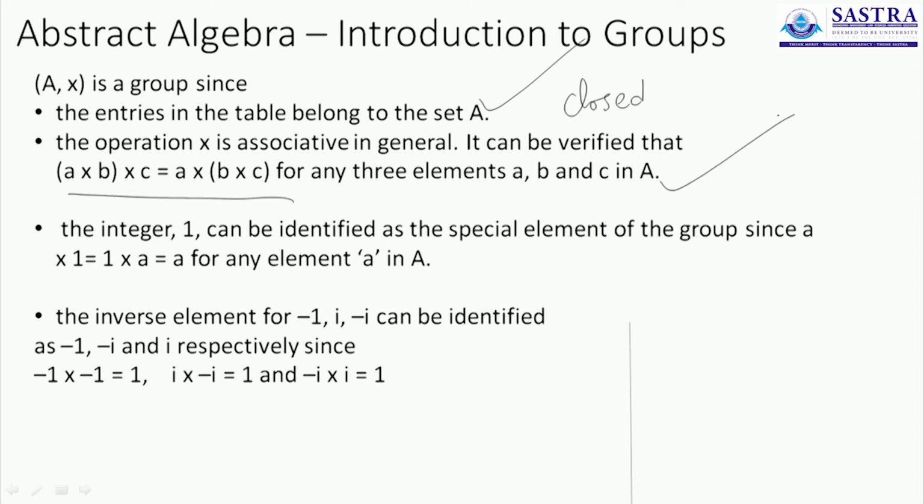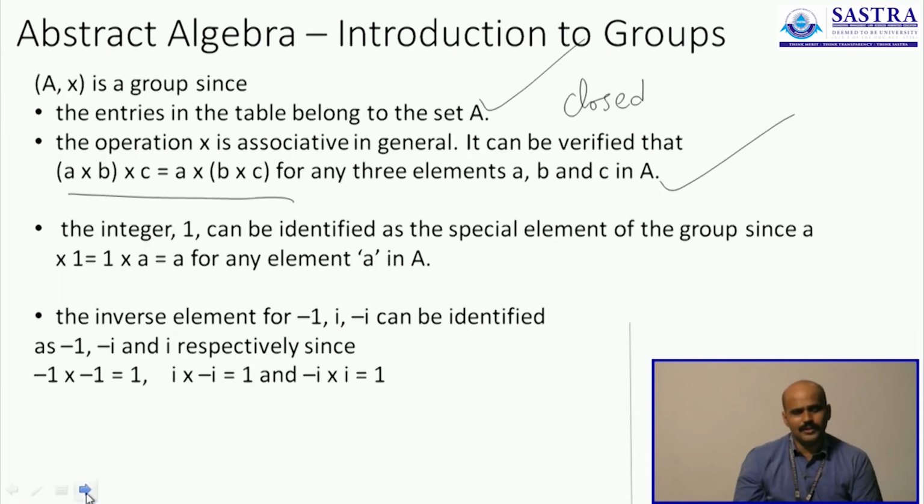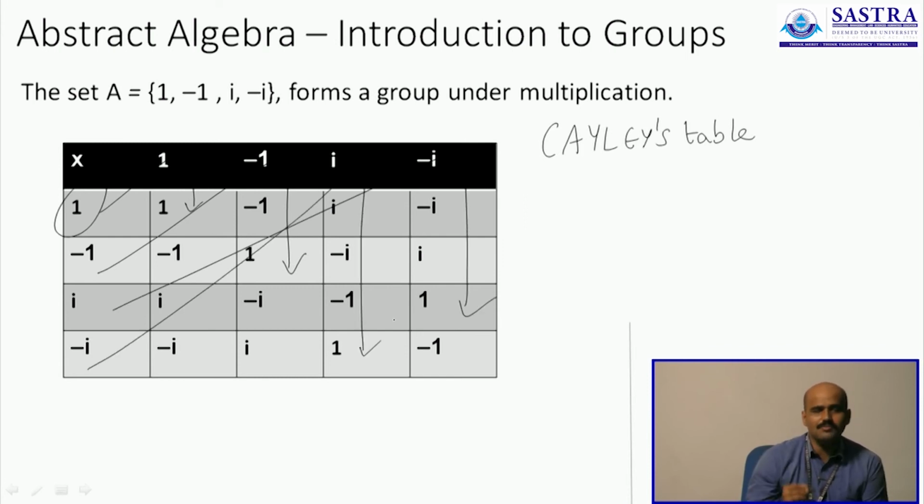Condition number 2 is also met, and we saw that number 1 is the multiplicative identity for any set, and we see that the element 1 is part of the given set, and therefore the identity element is also contained in the set. And number 4, the most important property, the inverse also does exist, because for 1 it's 1 itself which gives back 1, for minus 1 it's minus 1 which gives back 1, for i it's minus i which gives back 1, for minus i it is plus i which gives back 1.